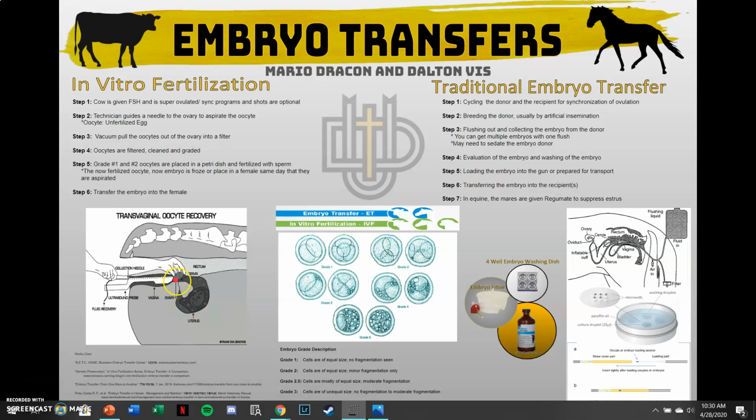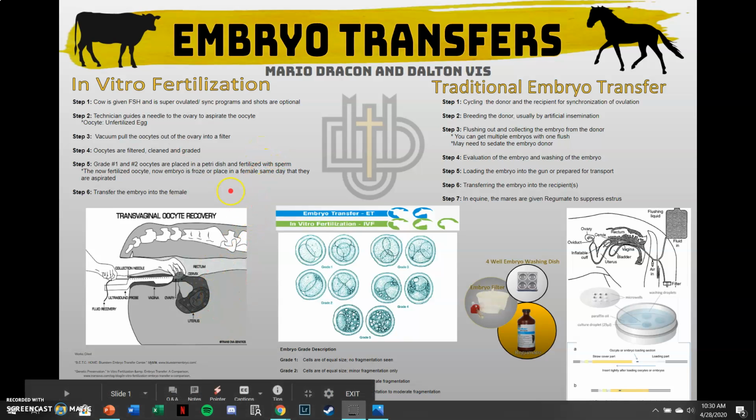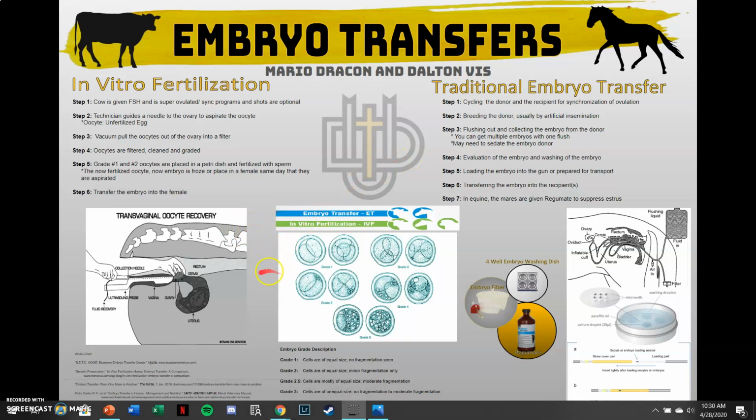So the oocytes are actually vacuumed out, and once again, you can collect more than one unfertilized egg. The vacuum pulls it out into a filter, and then kind of the same process here. It's evaluated and washed. Once again, you're going to want grade 1 or grade 2. Anything above that, you kind of question the viability of it and the quality of it.